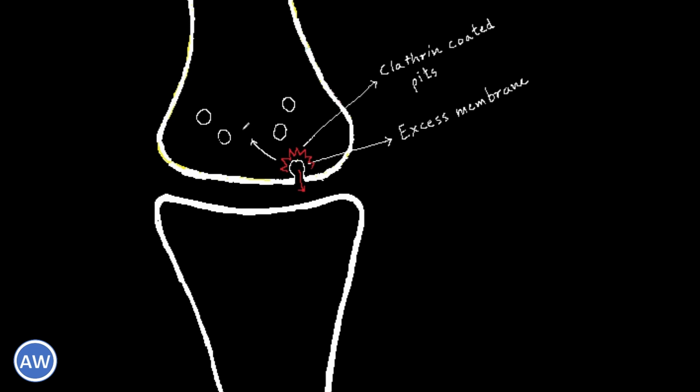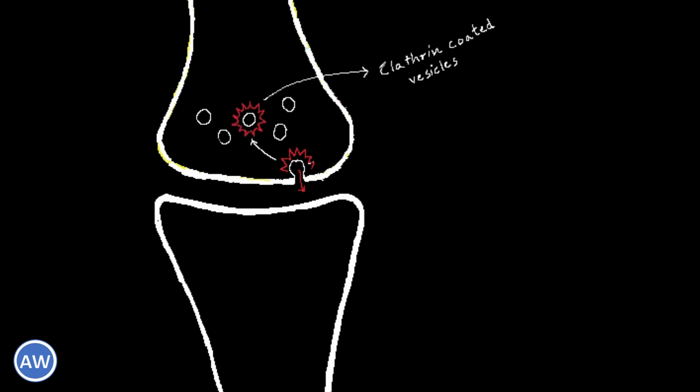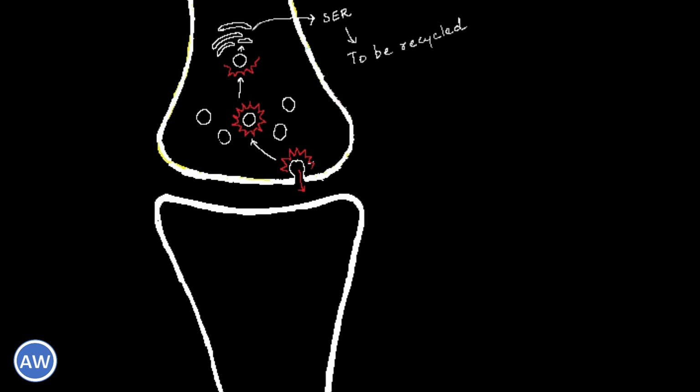The pits form clathrin-coated vesicles which travel as endocytic vesicles, possibly along microtubule marked pathways, and the captured membrane is thus returned to the cytosol. These vesicles lose their clathrin coat before fusing with the elements of smooth endoplasmic reticulum to be recycled in the formation of new synaptic vesicles.